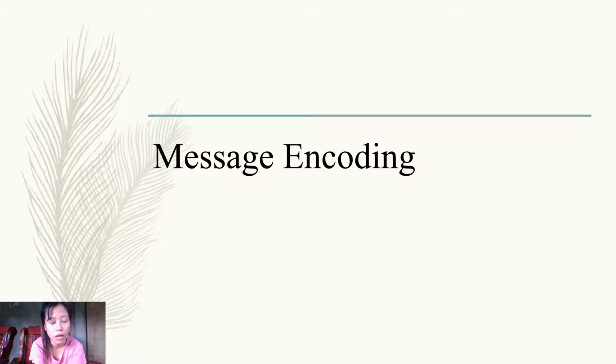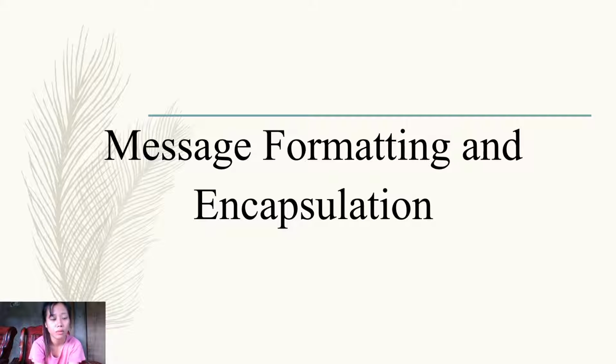Decoding reverses this process in order to interpret the information. Just like in human communication, it also has a message source, encoder, then transmitter, and transmission medium, the channel, receiver, decoder, and then message destination.